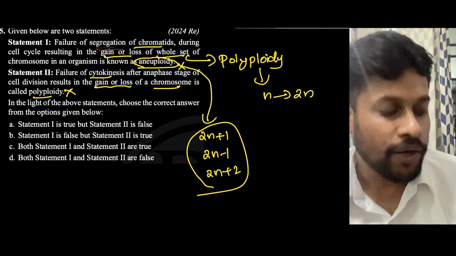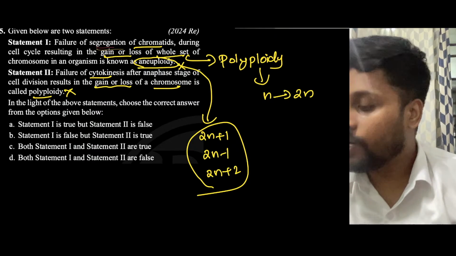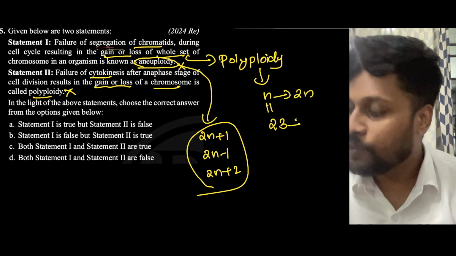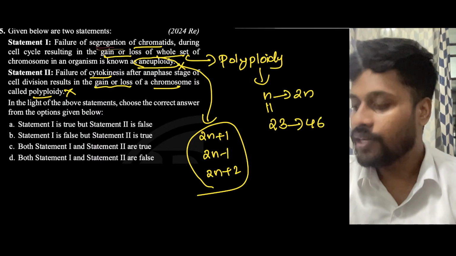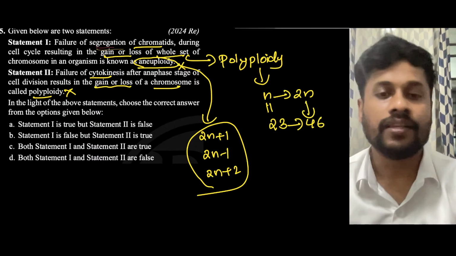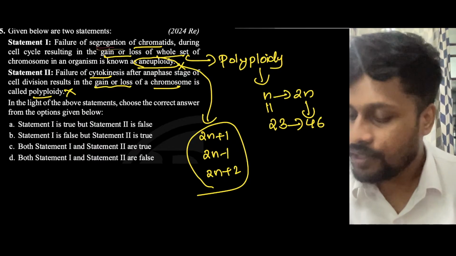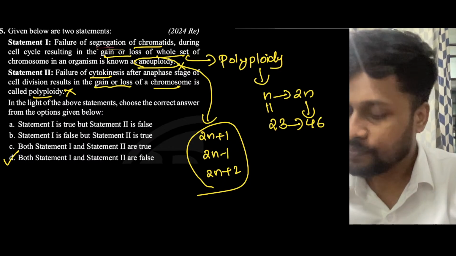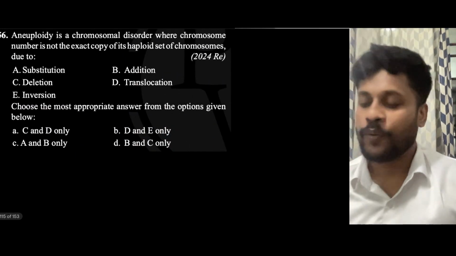This is called aneuploidy. Polyploidy means what? Let's say 23 chromosomes, N is equal to 23. This is converting into 46 chromosomes, becoming 2N or double. This is called polyploidy. Clear? So here the answer will be option D. Yeah, very good. Now let's take another question.